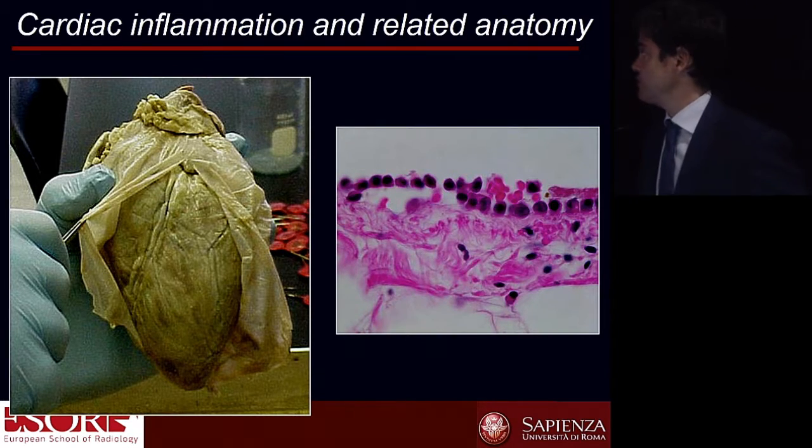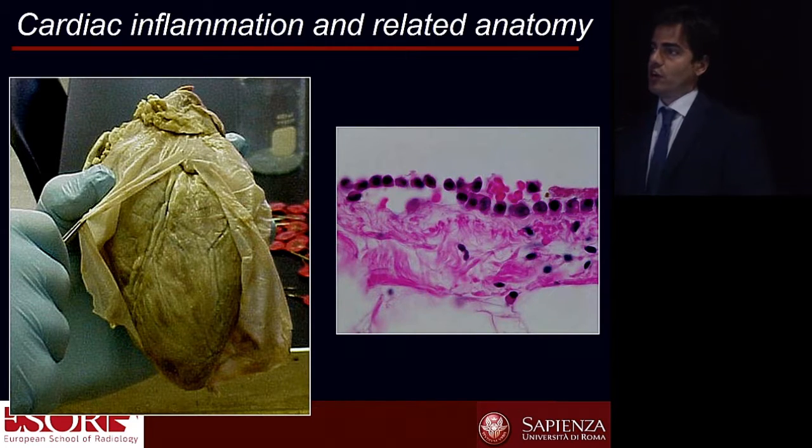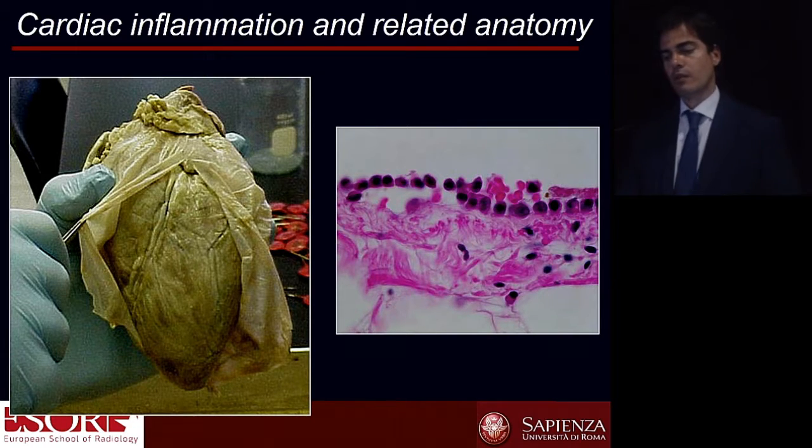So the structure is very simple, but for some reason, pericarditis and myocarditis are completely different processes, and not very often there is a communication between the two. I'm speaking slowly. I was asked to proceed slowly because of the translation, and we take our time.